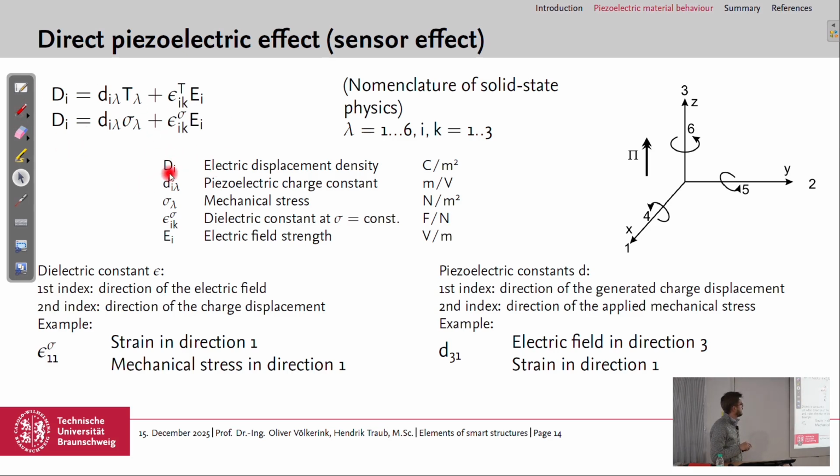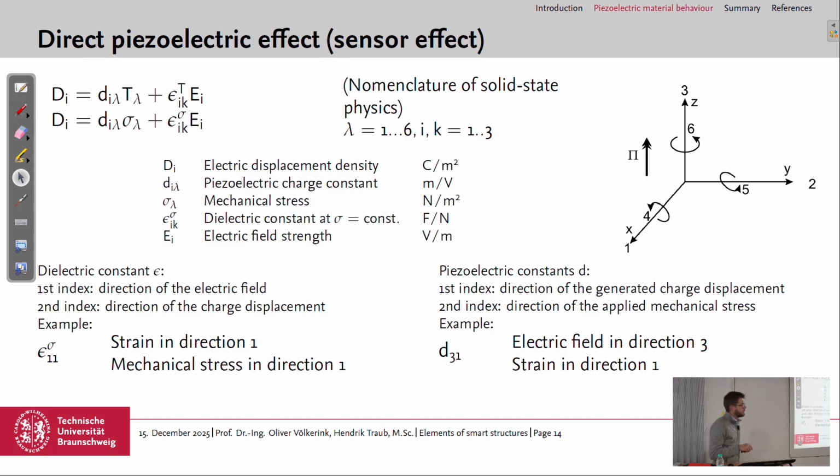So here we have again the different quantities: electrical displacement density D, or electrical or charge displacement, piezoelectric charge constant, the small d, mechanical stress sigma, epsilon for the dielectric constant measured at a constant stress, and the electrical field strength E.